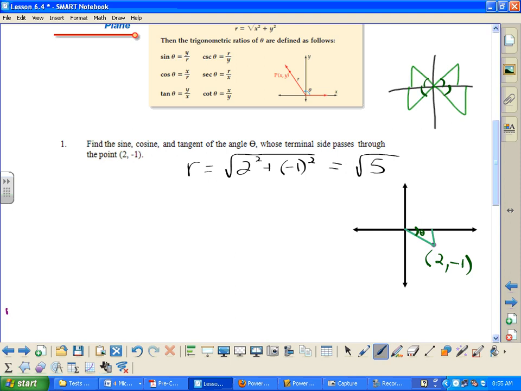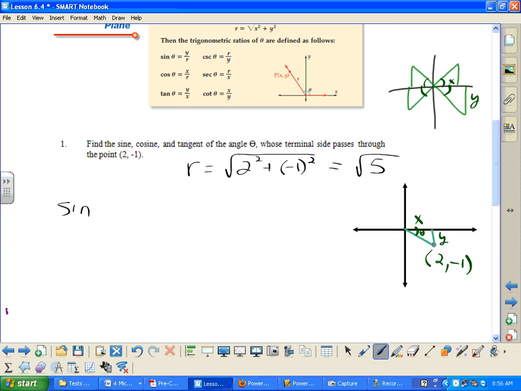So here's y and here's x. The vertical part of the triangle is always y. The horizontal part of the triangle is always x. So to find the 6 trig functions here, we just need to plug them in.